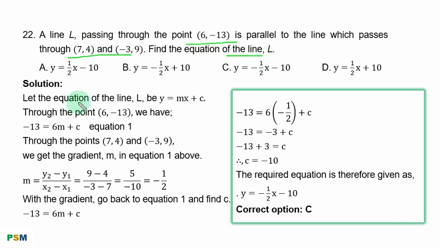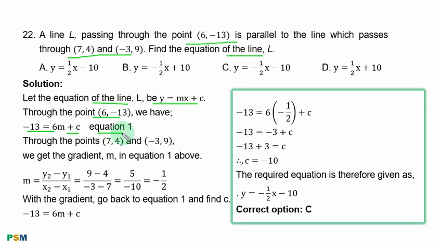Let the equation of the line L be y equal to mx plus c. Through this point, we have minus 13 equal to 6m plus c. Let's call that equation 1.